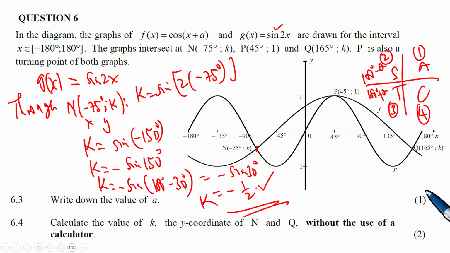What's the question about this? Make sure you understand it.